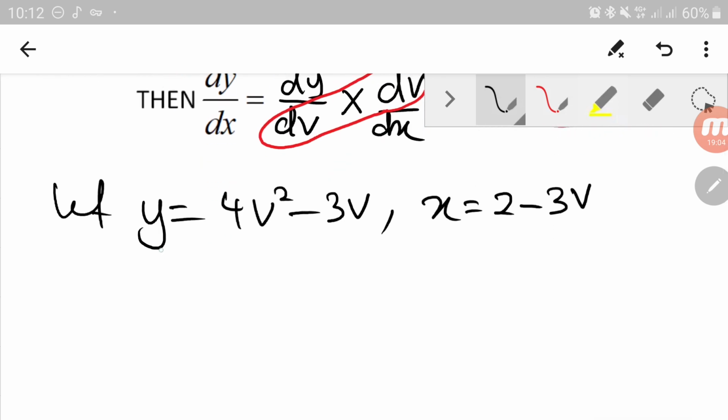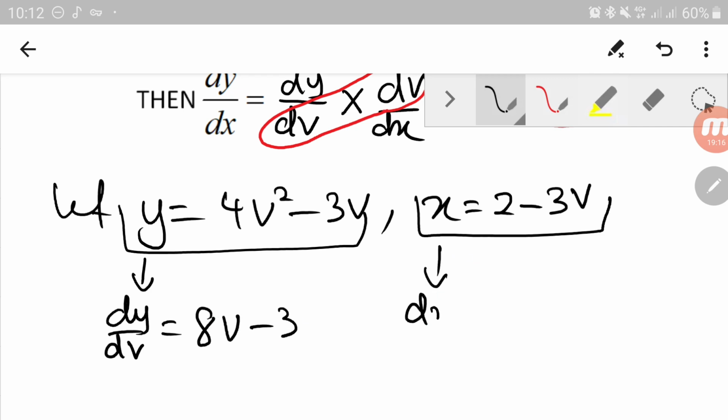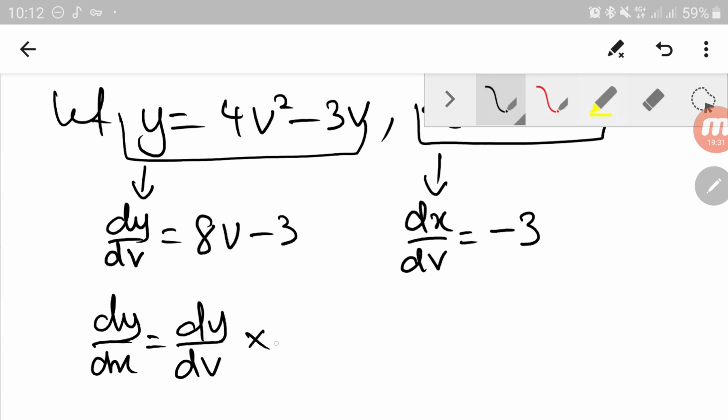We differentiate these two first. So from here we get dy/dv, which is 8v minus 3, while for this one we differentiate x in terms of v, which is minus 3. Now from here we can get dy/dx by multiplying dy/dv by dv/dx.